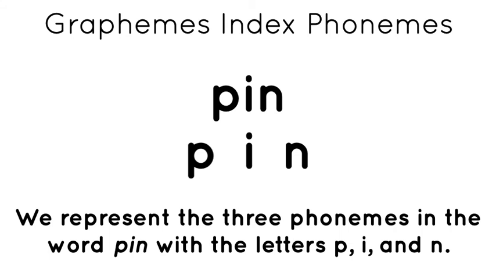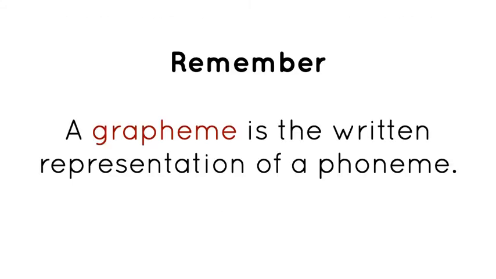They represent those sounds. There's a one-to-one correspondence. Now remember that a grapheme is a written representation of a phoneme. And in the last example, there was that one-to-one correspondence. So why am I still saying grapheme and not letter?